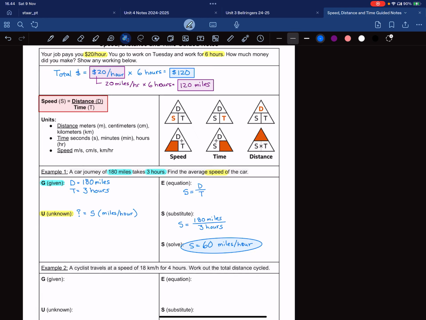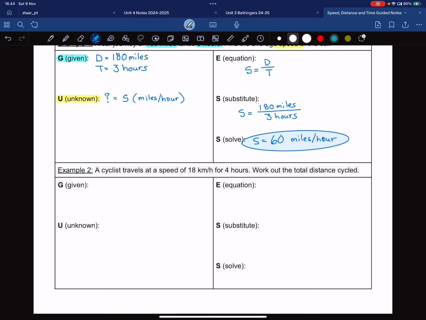Now, the next one, it says a cyclist travels at 18 kilometers per hour. So our first given is the speed is 18 kilometers per hour for 4 hours.